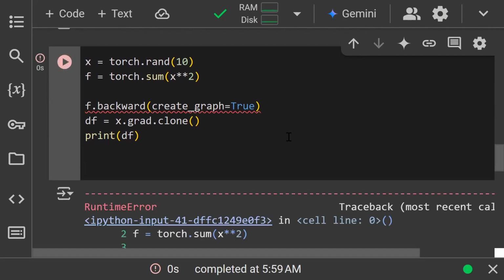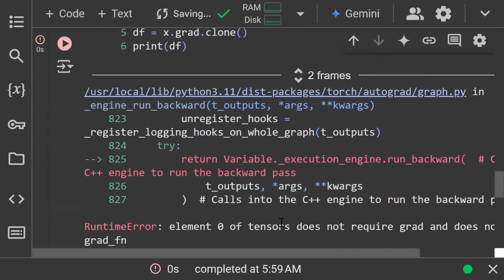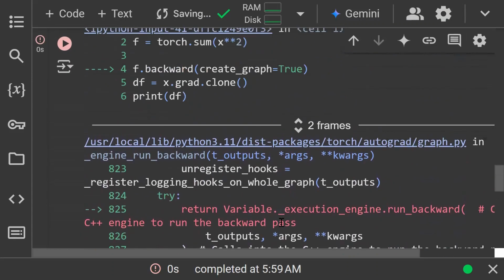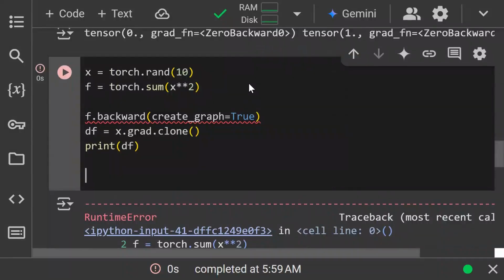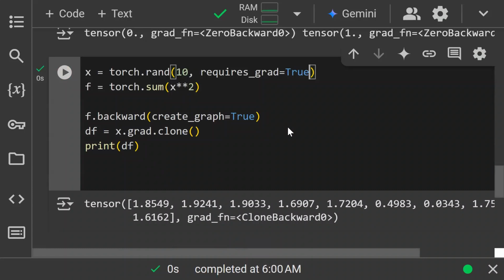Let's run it thus far. So far so good, right?